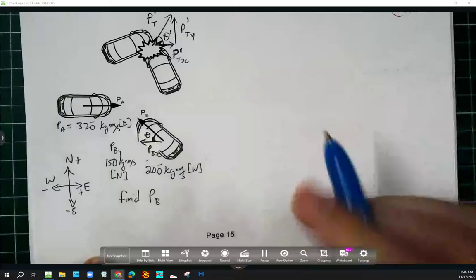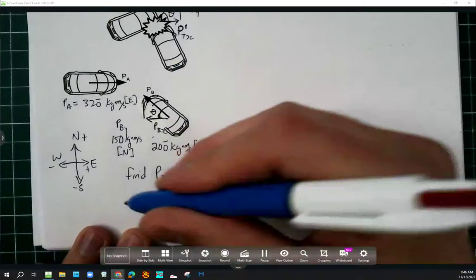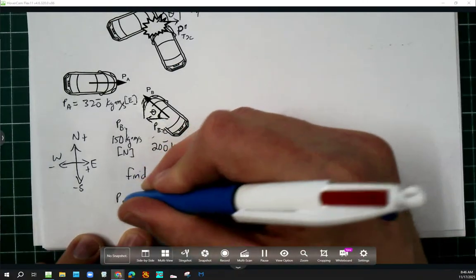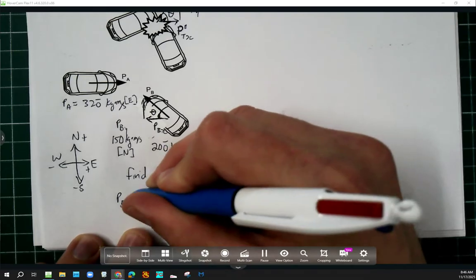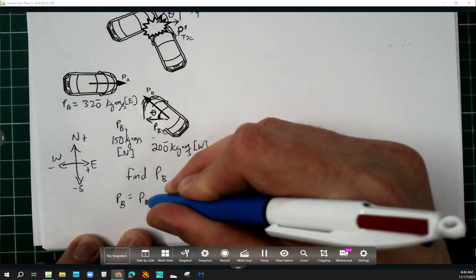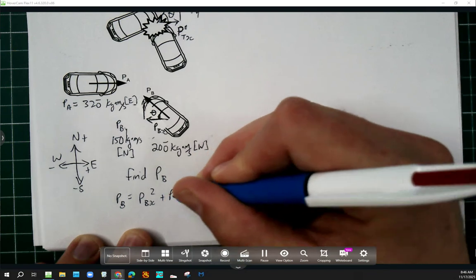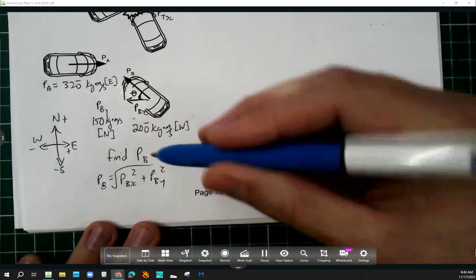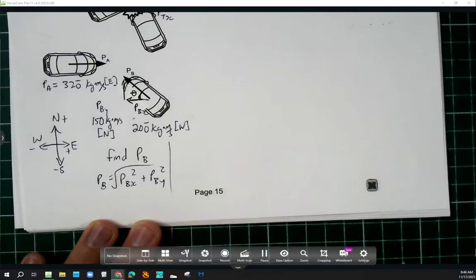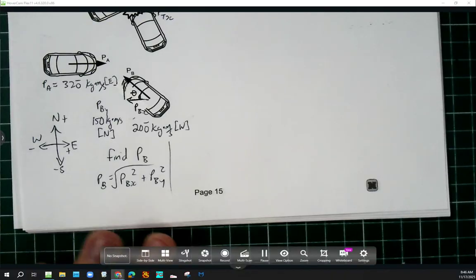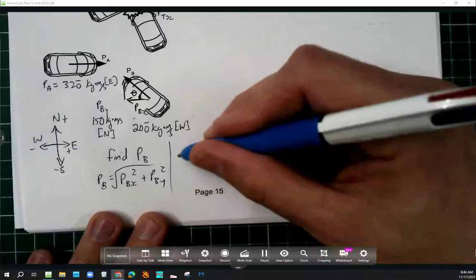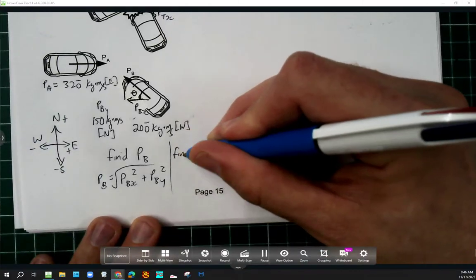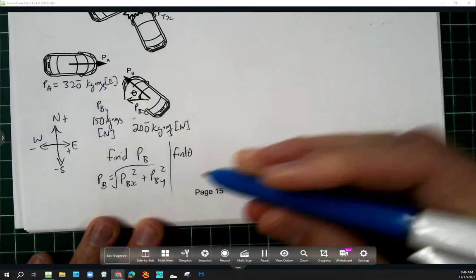And if I wanted to go back and do those calculations to recover what PB was equal to, we could say, okay, well, PB is equal to the square root of PBX squared plus PBY squared. I'm not even going to do that calculation right now. I could also find theta, and I could use SOHCAHTOA.